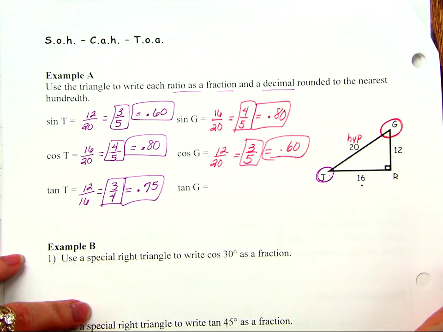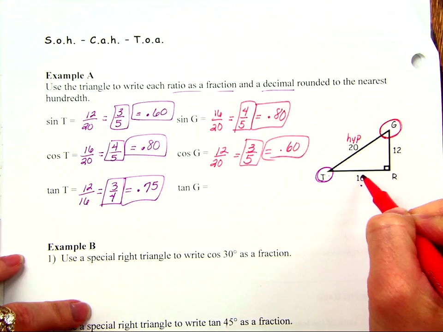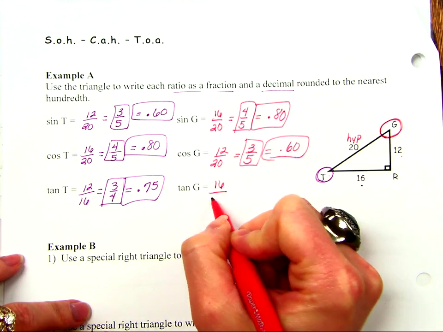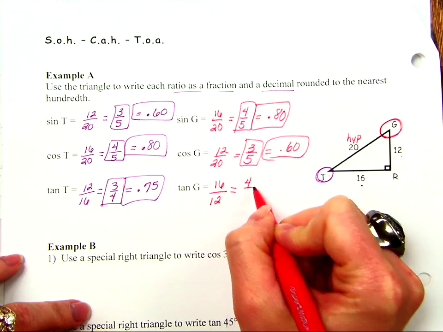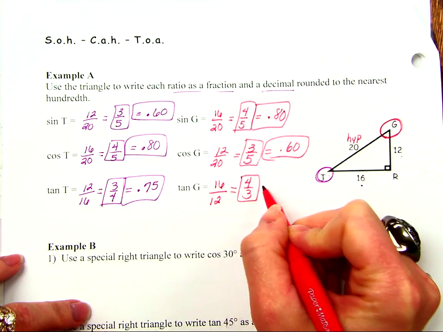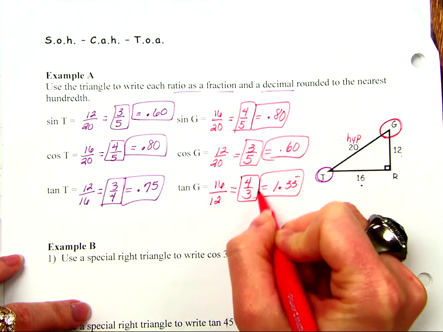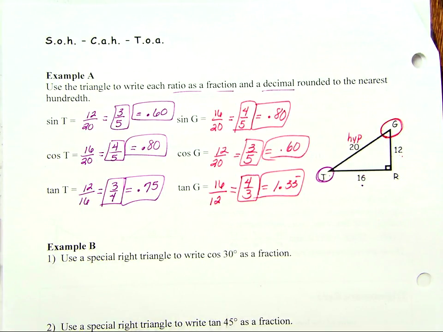And tangent, opposite over adjacent, well, from angle G, my opposite side is 16, my adjacent side is 12. And you'll notice here, 4 over 3, as a decimal, we're going to get 1.3 repeating. So there we have just practice setting up our ratios.